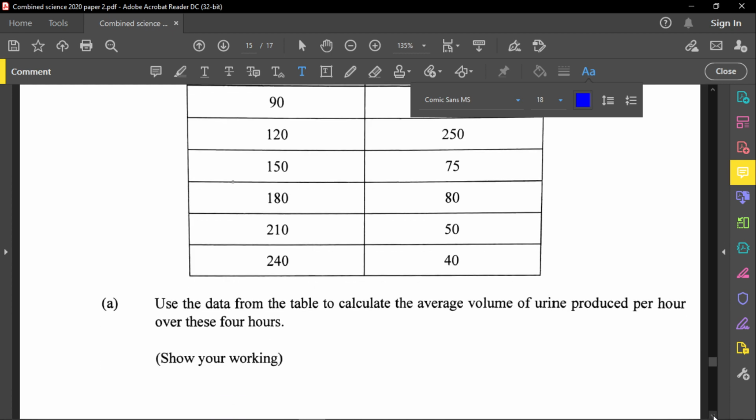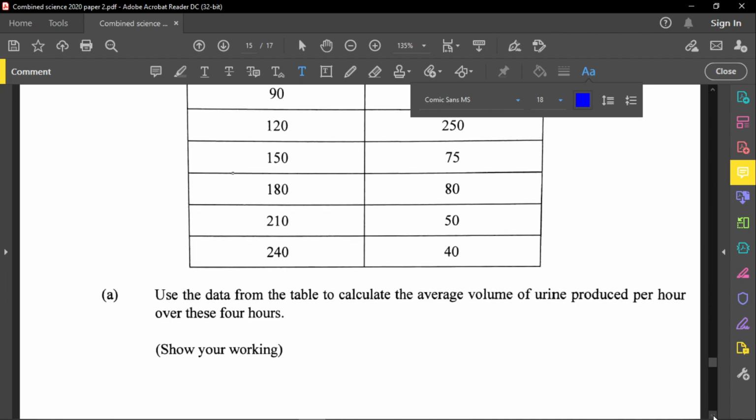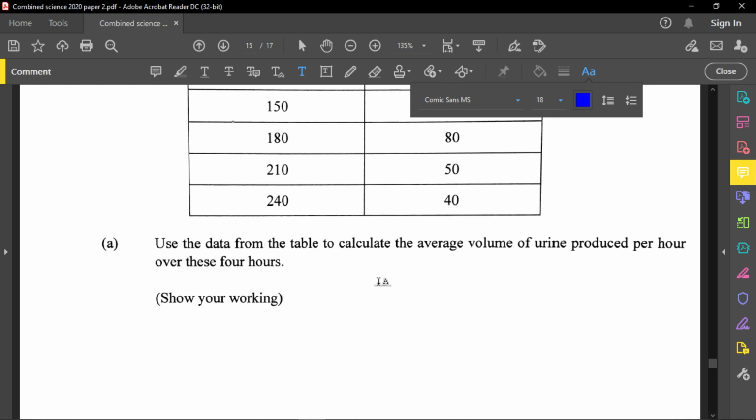It says use the data from the table to calculate the average volume of urine produced per hour over these 4 hours. So what you need to notice first and foremost is that the time given here is 4 hours. Let's make a note of that: the time equals 4 hours, because the 240 is 4 hours right there. And then now we need to find the total amount of urine. Let's do some calculation up here.